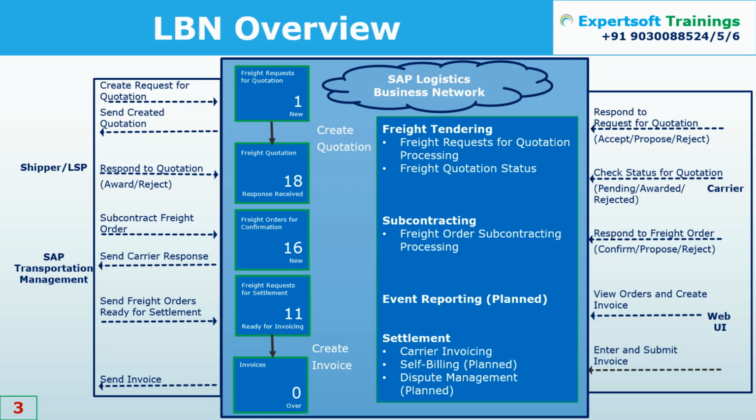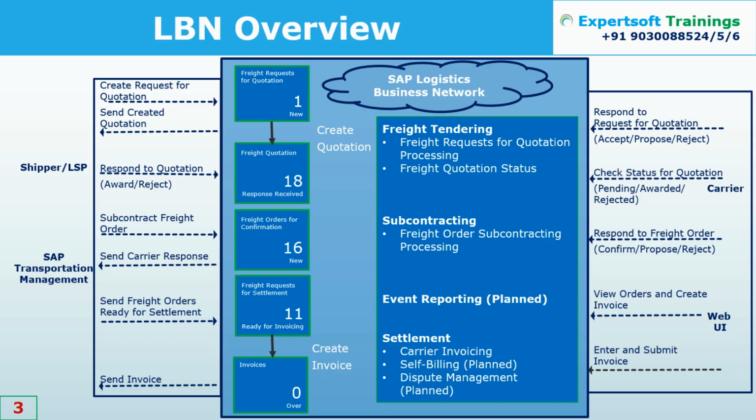But SAP has stopped developing this tool as a whole, because they are currently moving from the collaboration portal to this particular LBN. So the move to the cloud solution is achieved through this. In terms of functionality, maybe it's not a huge difference, but in terms of the future roadmap of SAP, that is what SAP is propagating, the move to LBN.